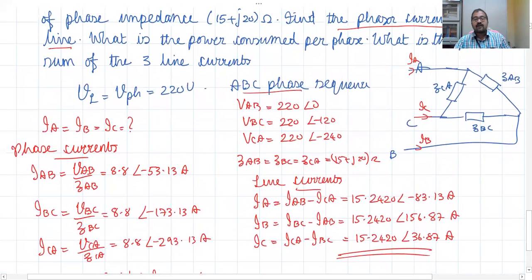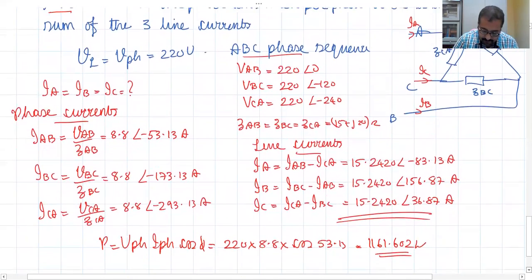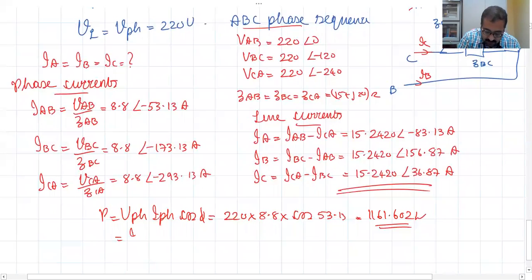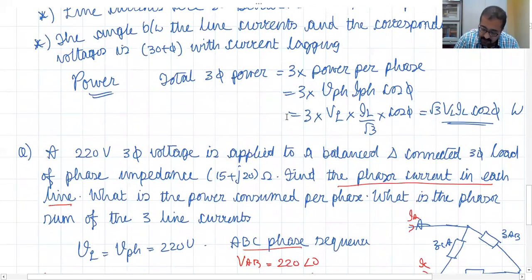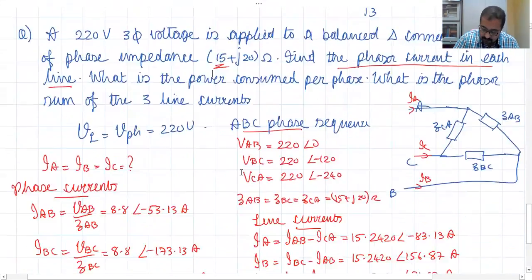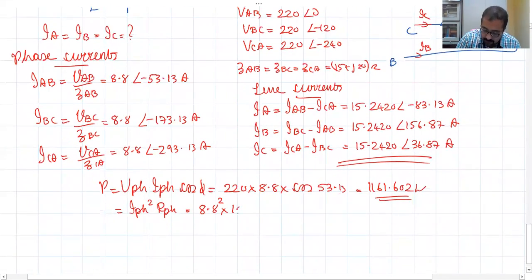Or otherwise, how can we find that? IPH square RPH. What is IPH magnitude? 8.8, so 8.8 squared into RPH. How much was the RPH? It was 15 ohms, into 15. That should also be the same.